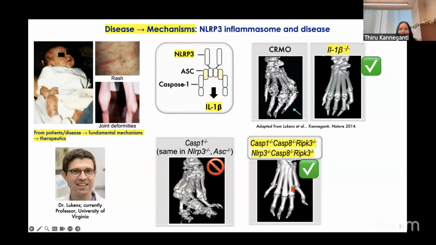So what we are seeing here is that NLRP3 and caspase-1 inflammasome molecules that we thought were not involved are involved in a redundant manner with caspase-8 and RIPK3. So what's happening here is when we don't have caspase-1, caspase-8 is regulating IL-1 beta responses.